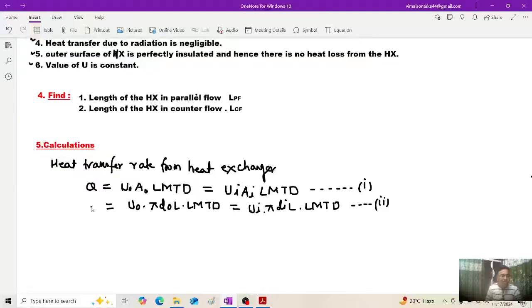So in order to find out the length of the heat exchanger, I must know the heat transfer rate, UO or UI, then the length of the heat exchanger and the LMTD expression.